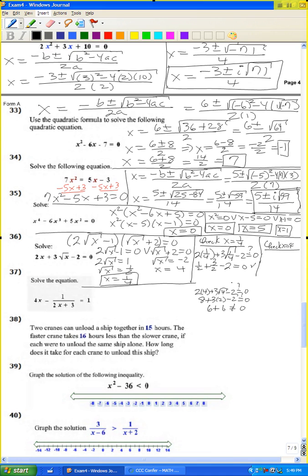Let's see if I can cram this over here. Oops. Okay, yeah, it just crams there.